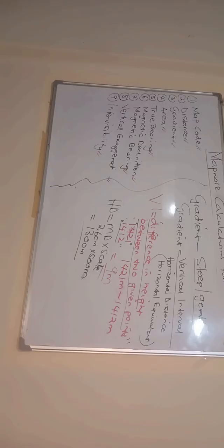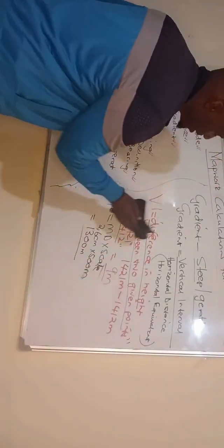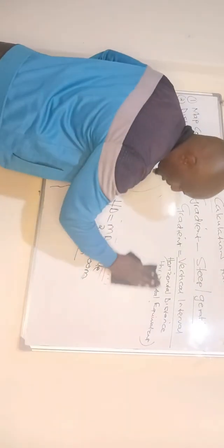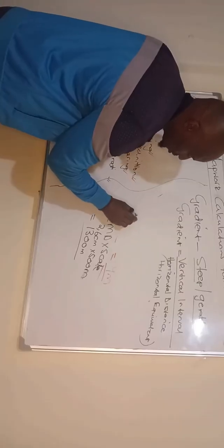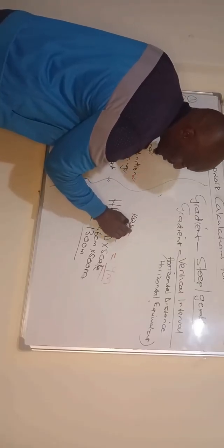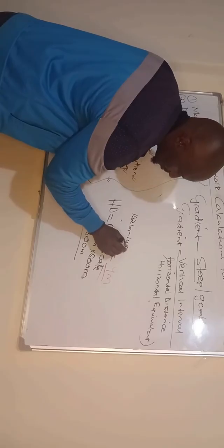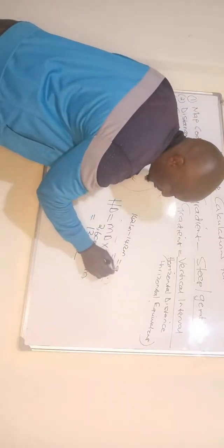We are now going back to the formula for our gradient. We have 1421 meters minus 1412 meters, which is equal to 9 meters.